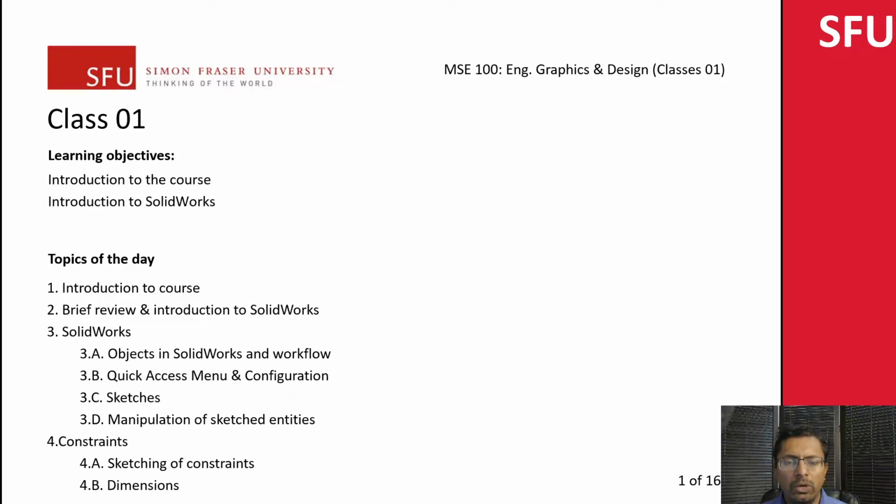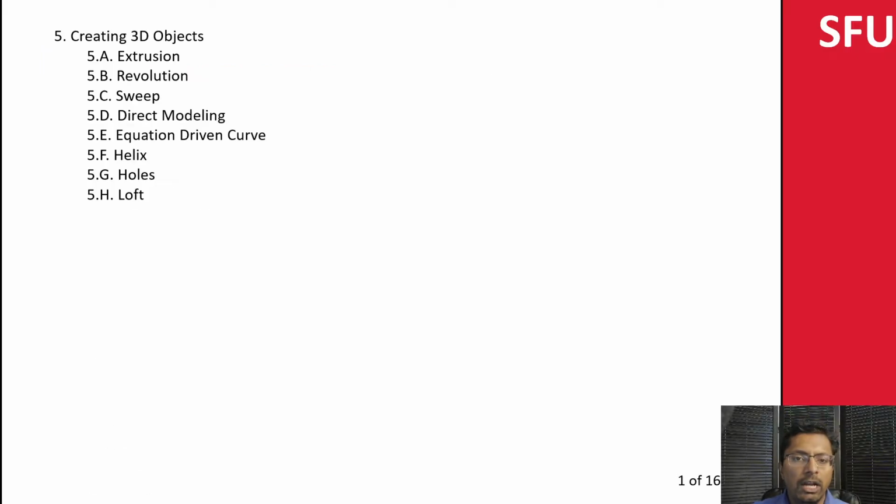Then we'll go over a brief review and some introduction to SolidWorks. Then we'll go into SolidWorks where we'll talk about the object structure and how things are set up within SolidWorks. We'll talk about constraints in SolidWorks. And once we are done with that, we'll look at creating 3D objects within SolidWorks and see how the whole thing actually works.